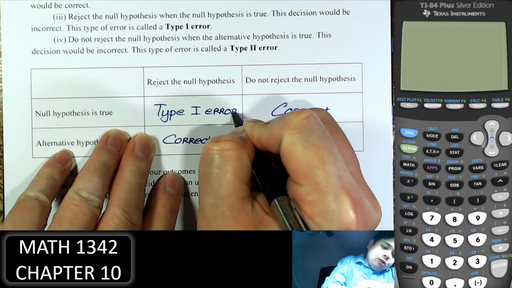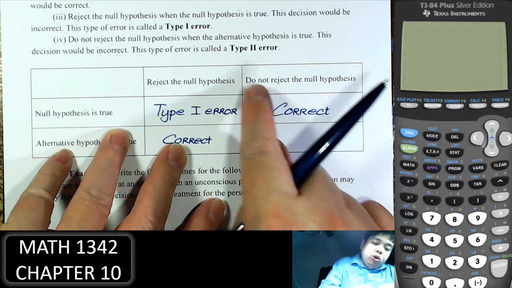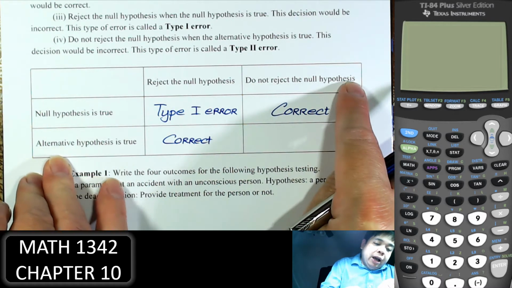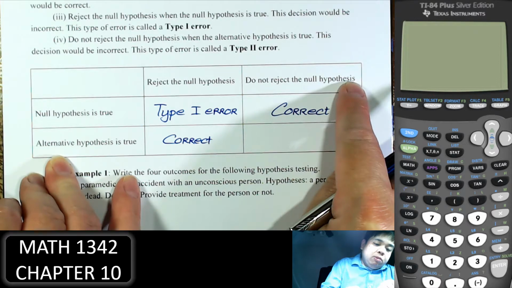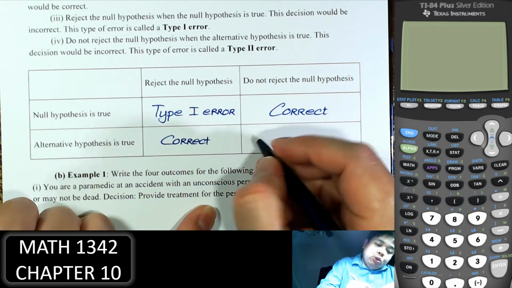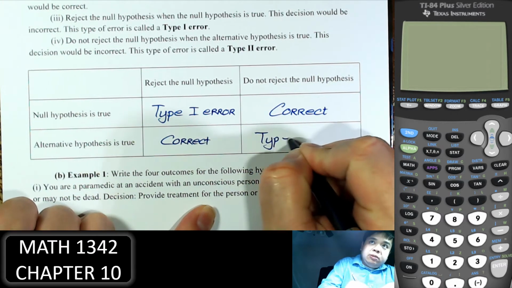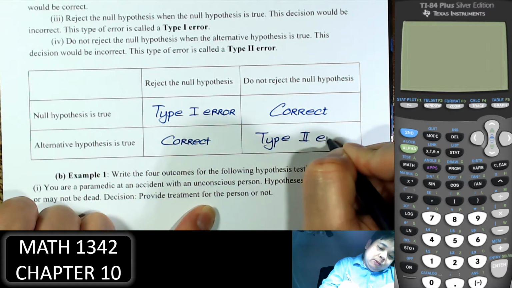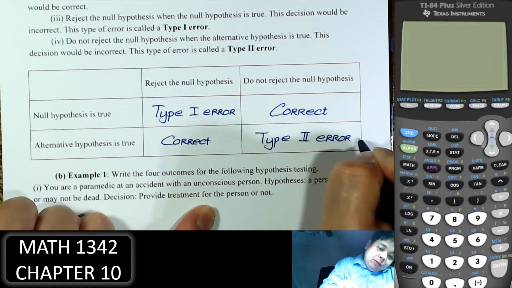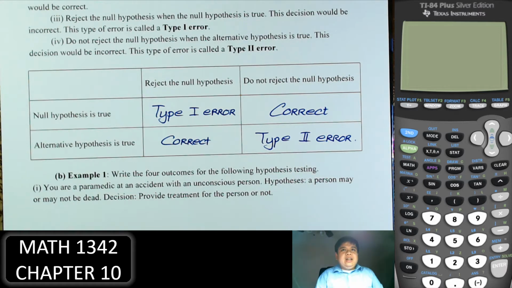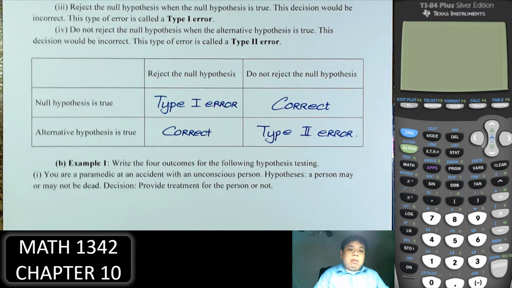And type 2 error is do not reject the null hypothesis when the alternative hypothesis is true. This is type 2 error. Right. So that's just some definition, but how does that actually work in some application problem.